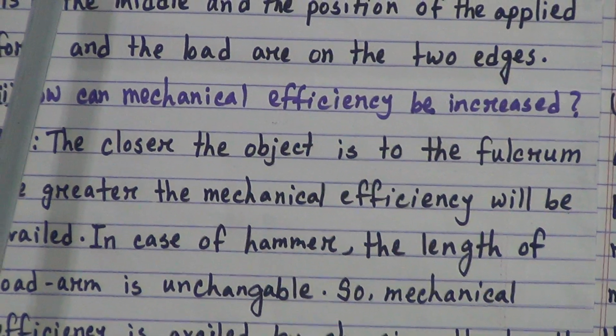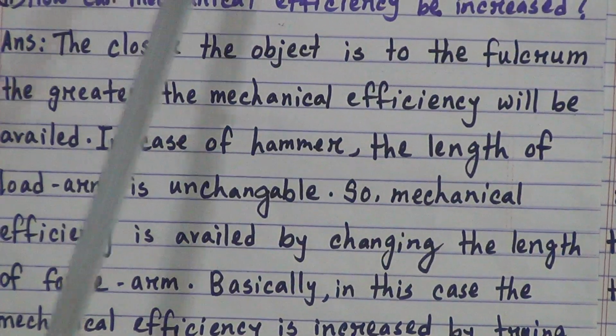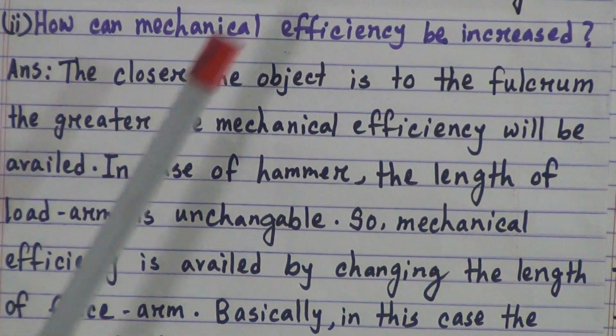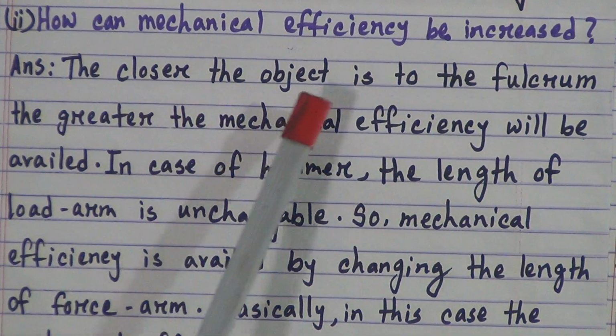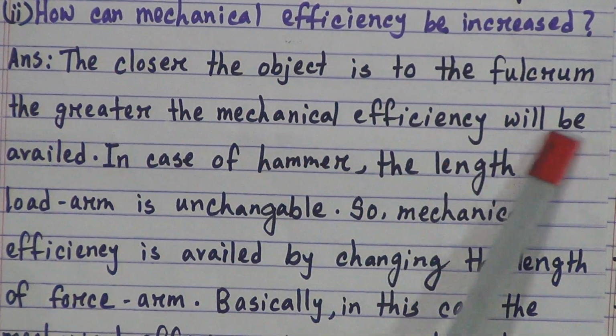Now I will discuss how mechanical efficiency can be increased. Number 2, how can mechanical efficiency be increased in class 1 lever? The closer the object is to the fulcrum, the greater the mechanical efficiency will be.